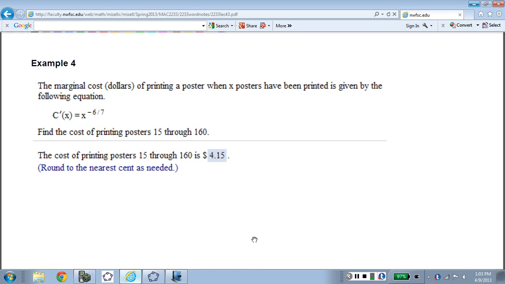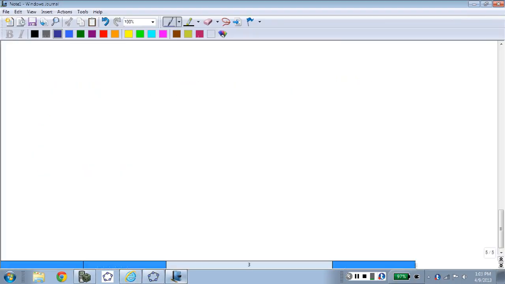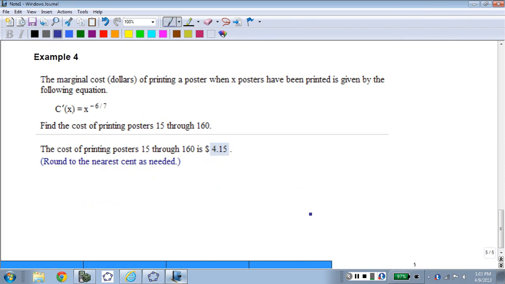So if I knew what the cost function was, let's see. The integral, I'm concerned about the limits. I'm going to go ahead and say 15 through 160.